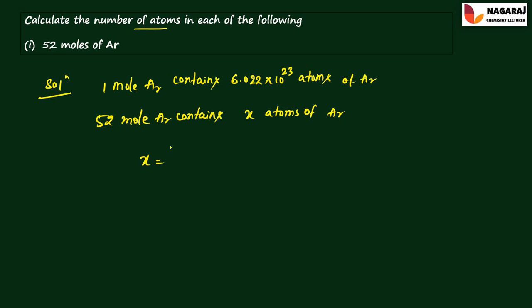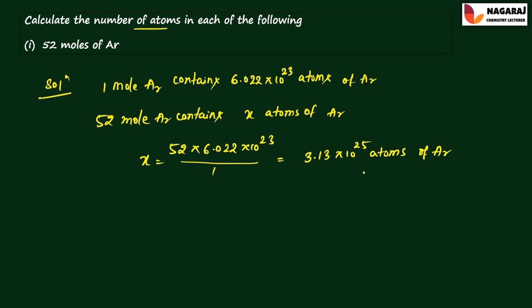So X is equal to 52 into 6.022 into 10 to the power 23 divided by 1. So that is equal to 3.13 into 10 to the power 25 atoms of argon. So 1 mole of argon contains Avogadro number of atoms, so 52 moles of argon contains 3.13 into 10 to the power 25 atoms of argon.